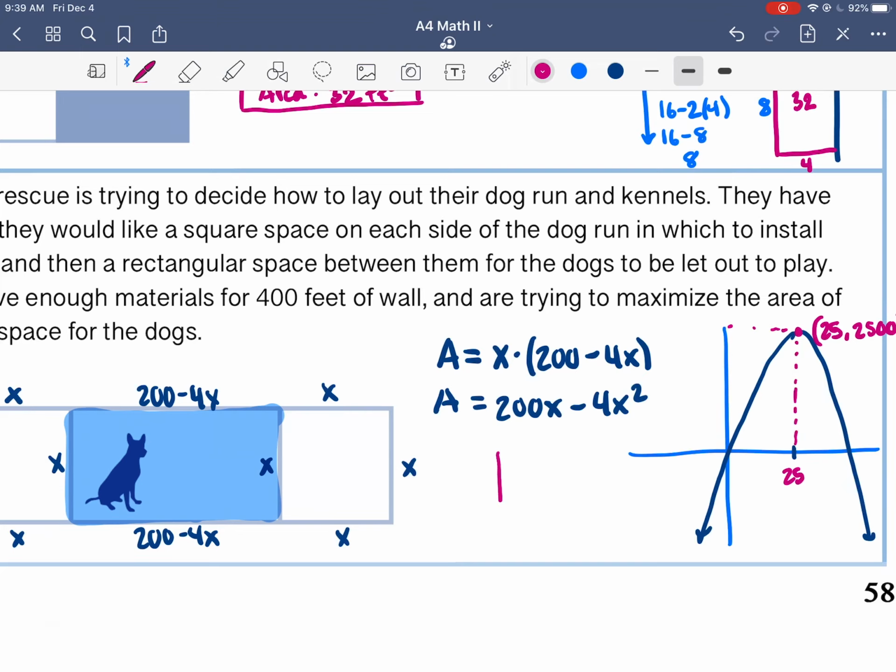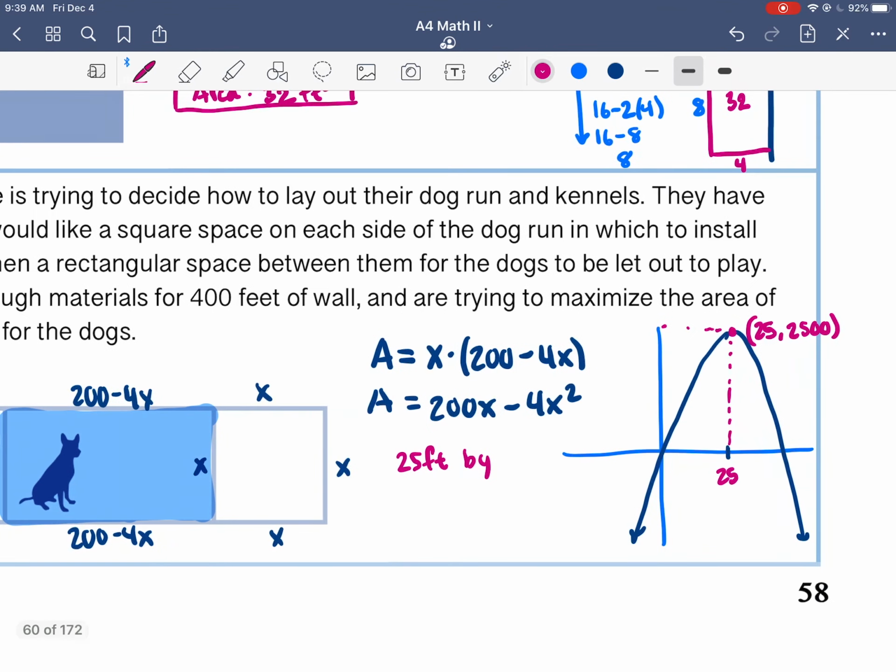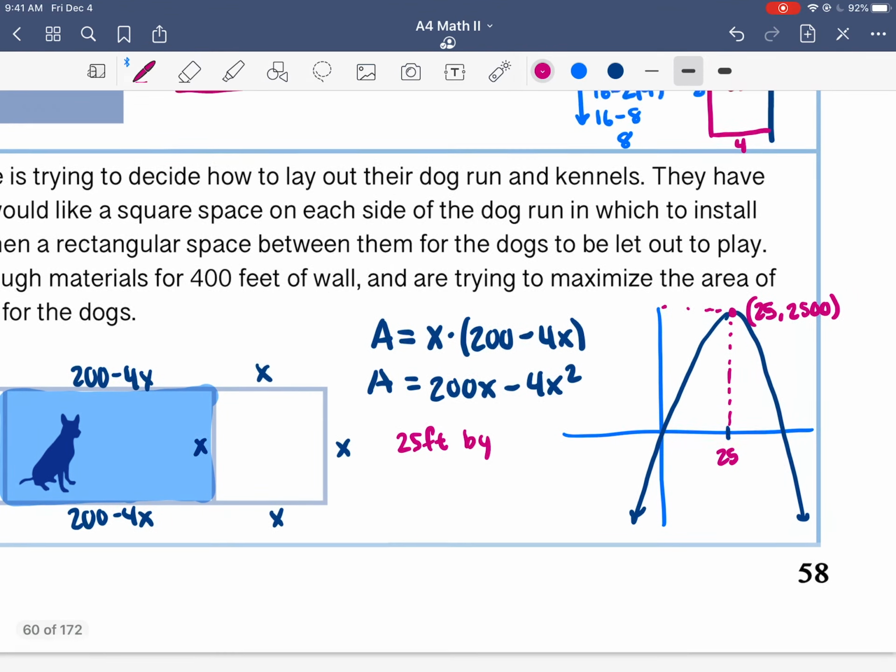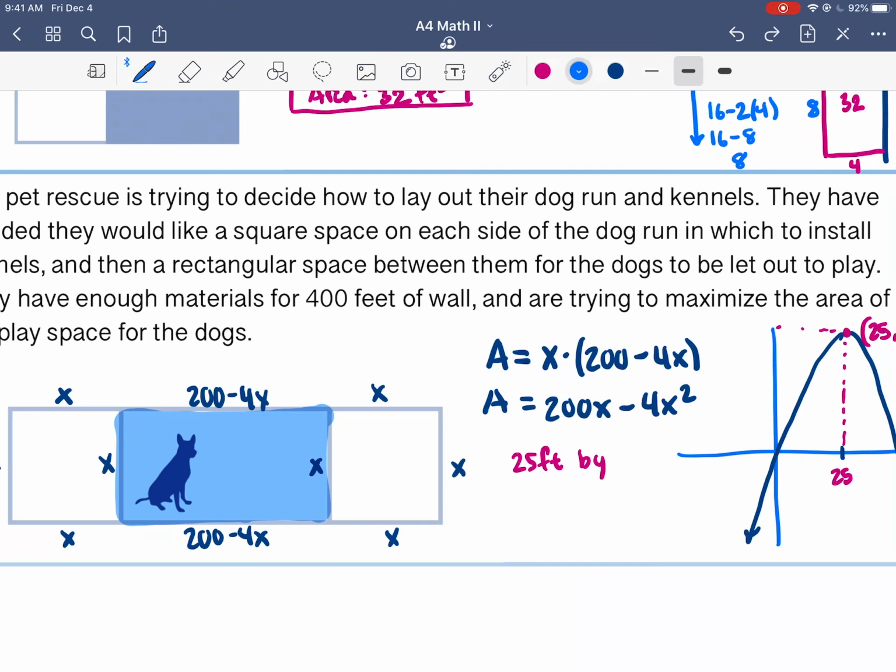So optimal dog run would be 25 feet by, and the other side, if we plug in 25 to this, 200 minus 4x, let me do that really quick, 200 minus 4 times 25, that's 200 minus 100, which equals 100.